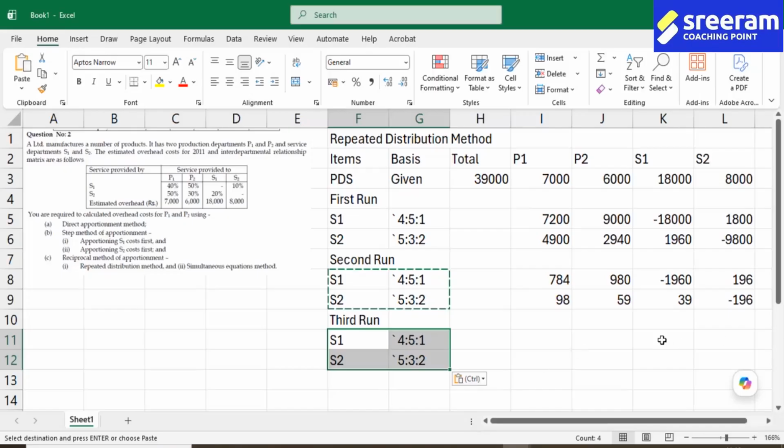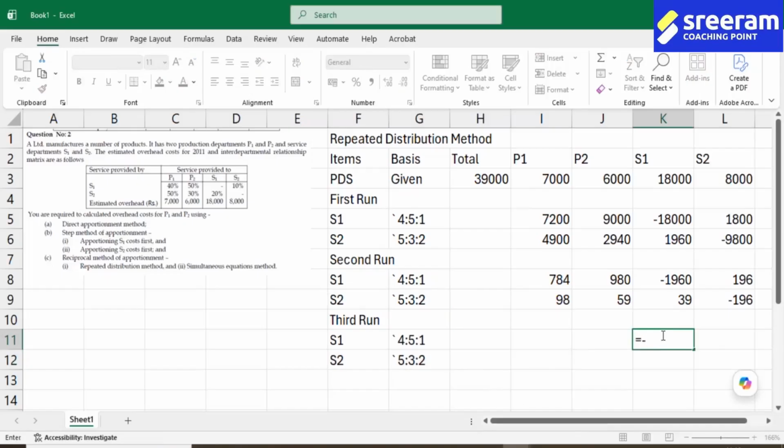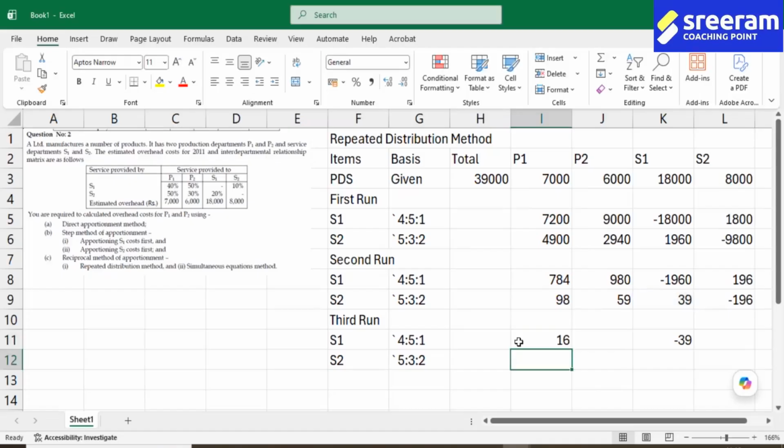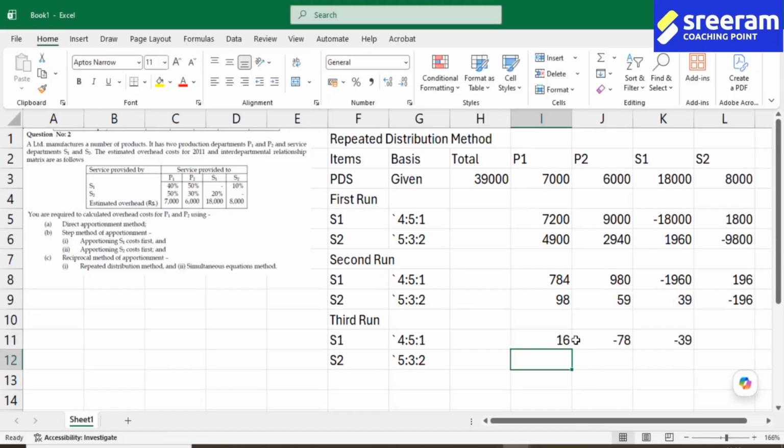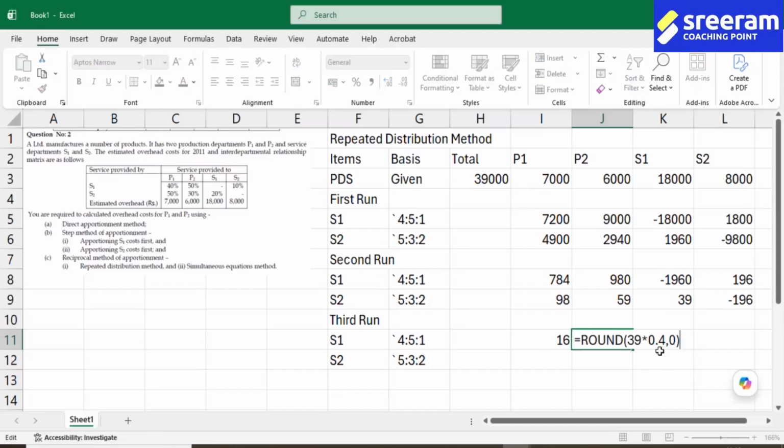Now here, what is that I will do? I got to take up minus 39, equal to 39 multiplied by 0.4, round. So here, this I am copying and putting it out here. Instead, I would like to put 39. So instead of 0.4, it will be 0.5.